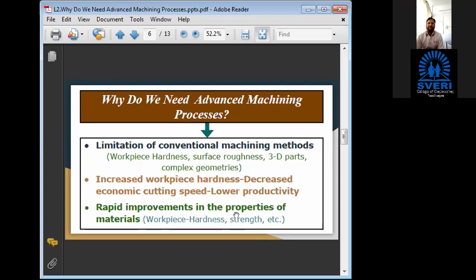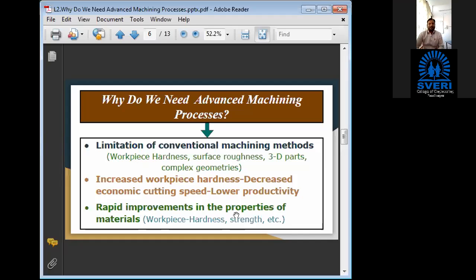It is very difficult to make these 3D components by conventional machining methods, because many of these 3D components are complex in nature. Take an example of our heart, or brain also, I will take the heart. In the medical industry, if you have seen in doctors' labs, sometimes we observe that they have a model of a heart, correct, or any bone or joint.